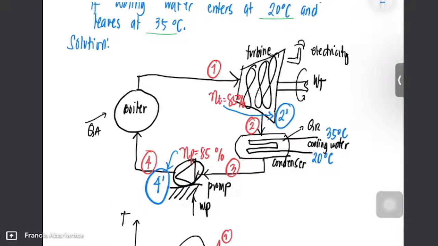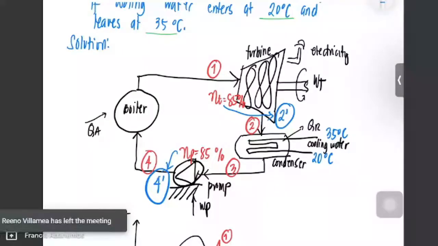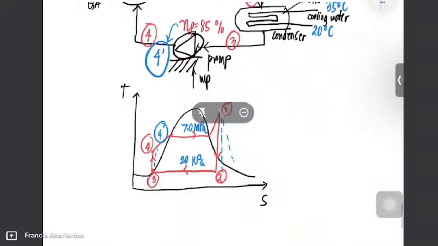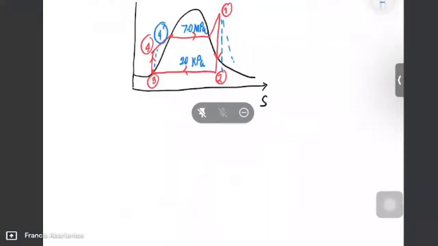Okay. We need to determine now the actual enthalpies of the cycle. Okay, so alam naman natin na given na sa atin yung pump efficiency. Okay, using that, this is the formula in the turbine efficiency.